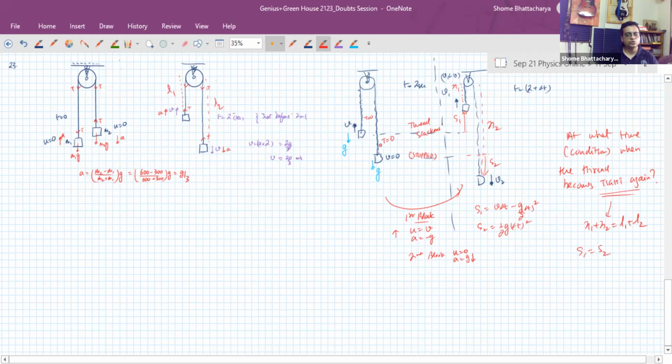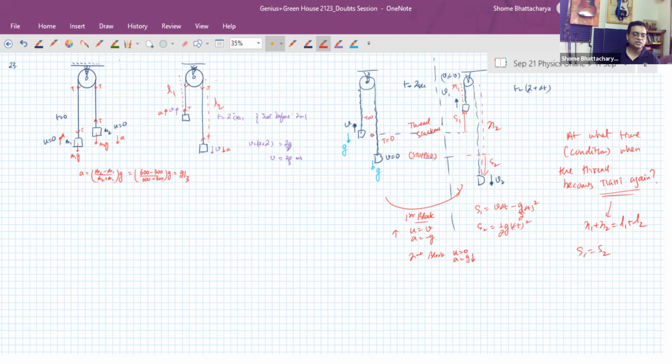Now see why it's becoming loose over here. This length L1 is decreasing at the rate of v, but this length L2 has momentarily become constant because v has become 0. So that's why the string slackens: L1 is decreasing, but on the other side L2 is not decreasing at that moment. So the string loses tension.